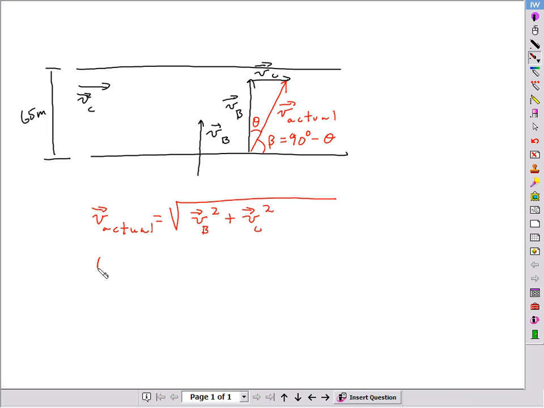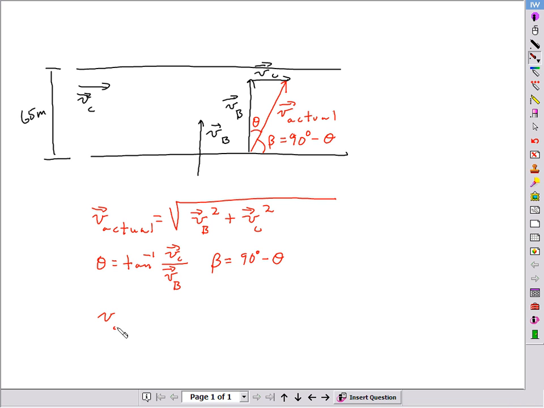To find theta, we would use inverse tangent of the side opposite, which is the velocity of the current, divided by the velocity of the boat in still water. So that beta is 90 minus theta.